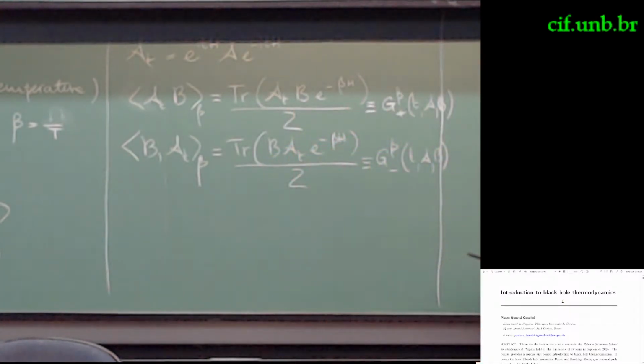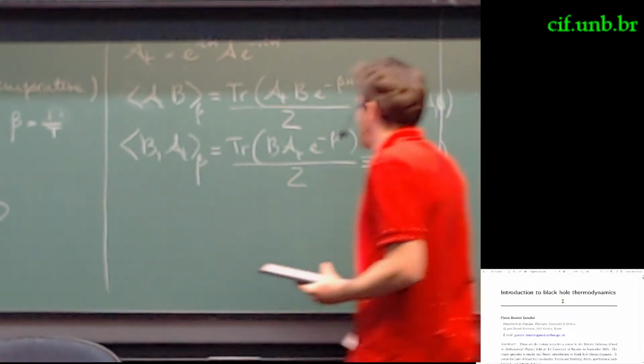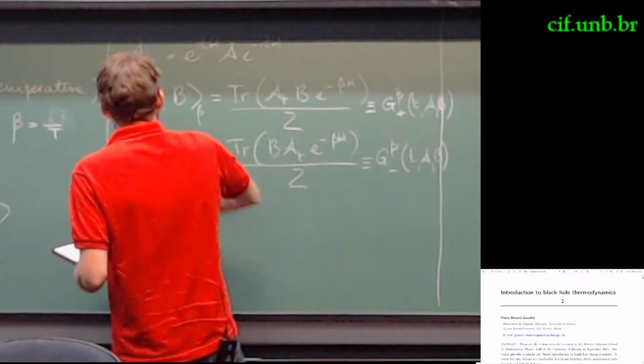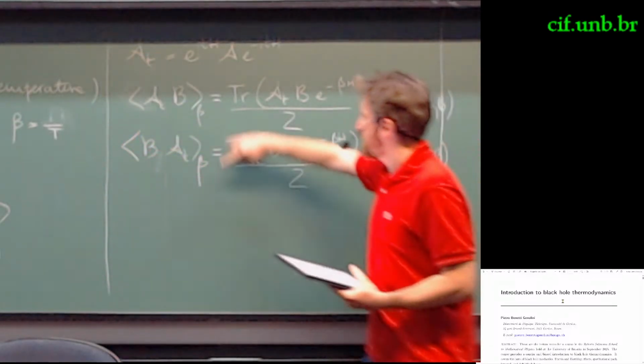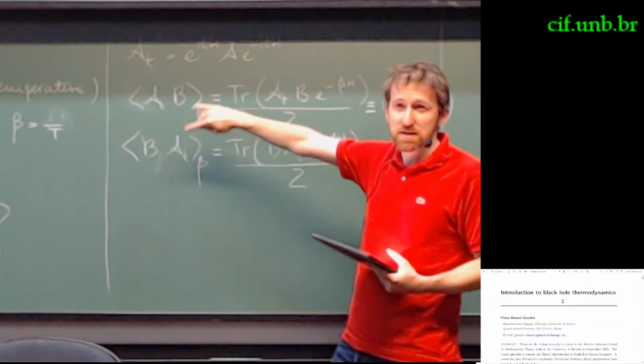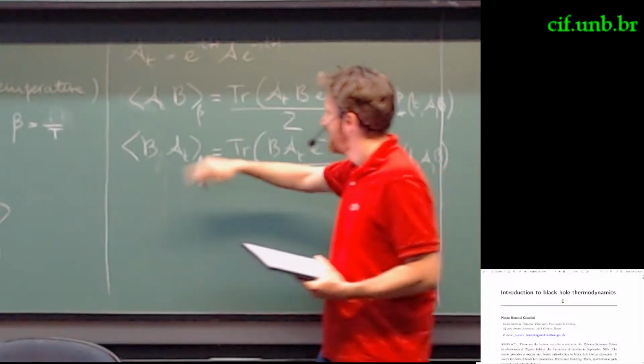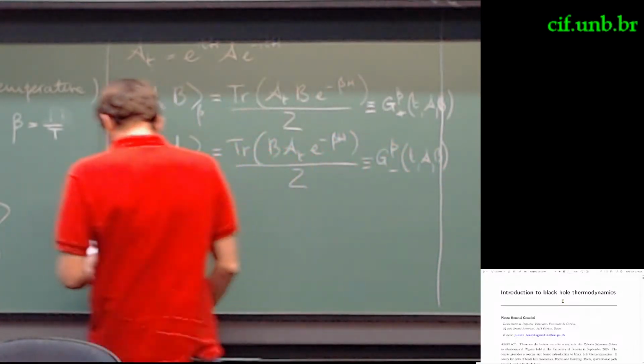More properly, I should define them on a compact spatial manifold because I need to make sure that the trace is bounded and well defined, blah, blah. Imagine that I've done that. Okay, so far so good. Notice that these two correlators are related by a commutator. The difference of the two is the commutator. That's why they will be relevant now.